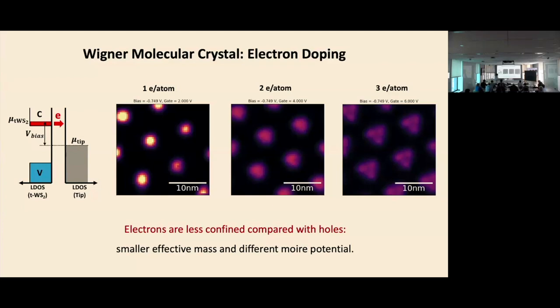So when it's a partially filled case, for example, if you have 1 electron and 2 electrons, then some positions will be filled with 1 electron, and some positions will look like 2 electrons, and they form something like those generalized Wigner crystal configurations where the two-electron sites will avoid the nearest neighbor. You actually have those kinds of patterns.